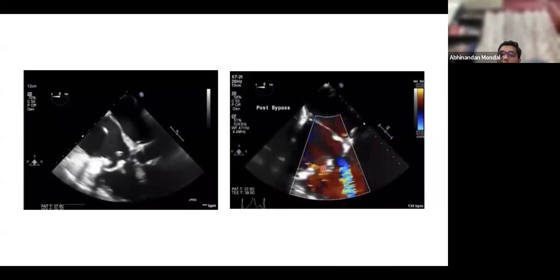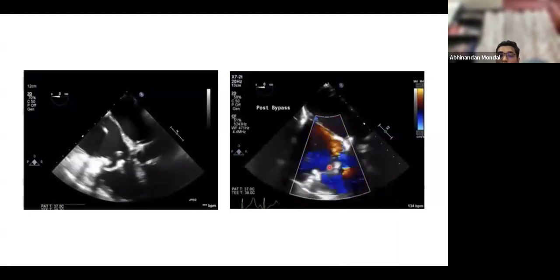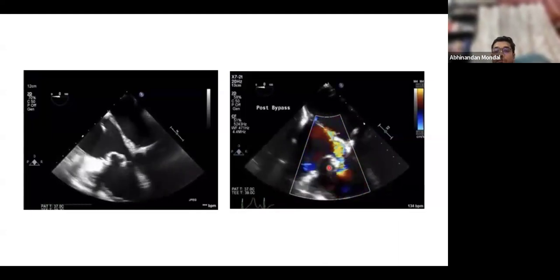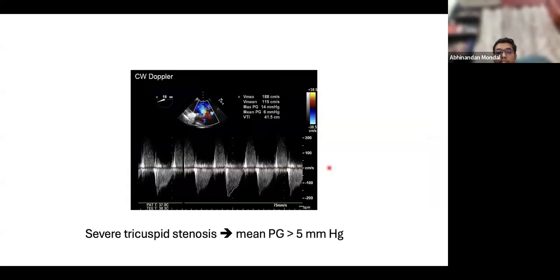That means it is an iatrogenic TS formation, tricuspid stenosis formation. If you put continuous wave Doppler, you will see that this is a forward flow and your mean pressure gradient is 6.